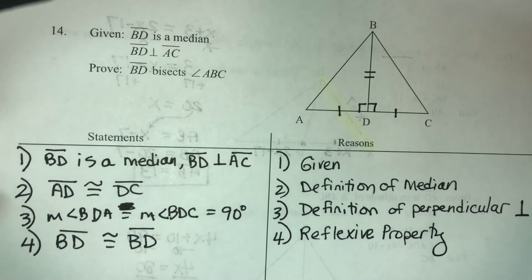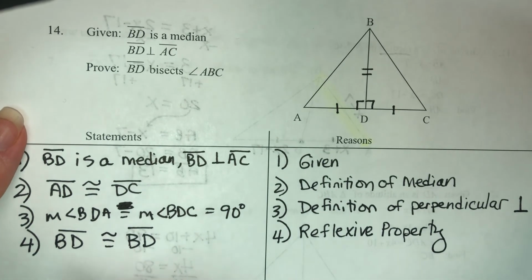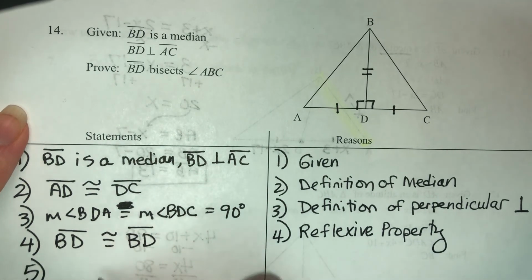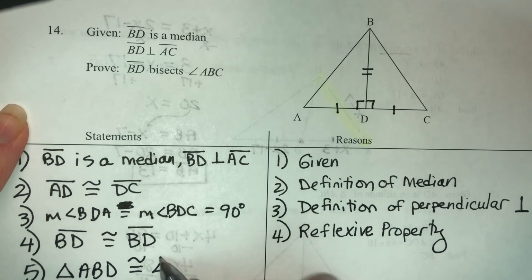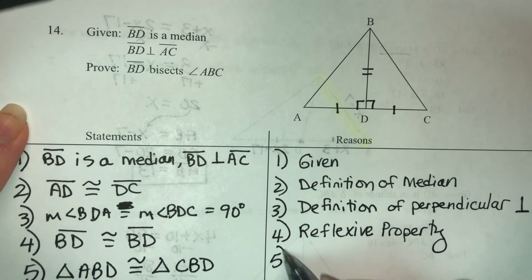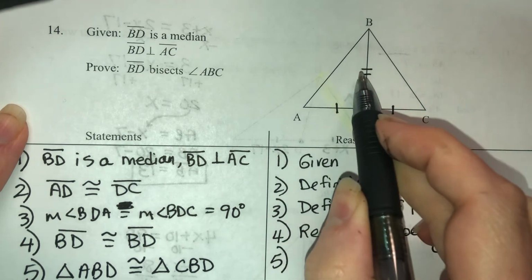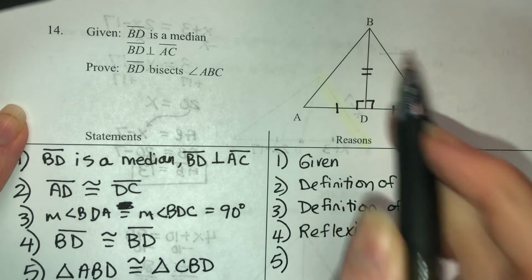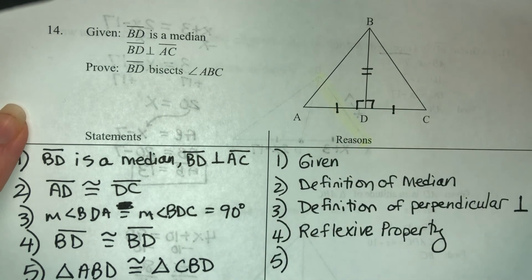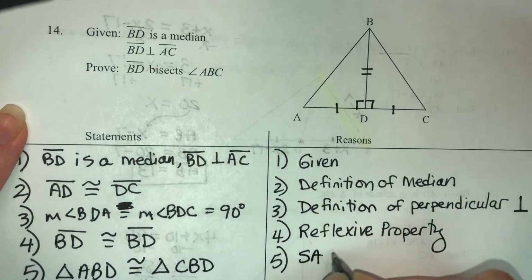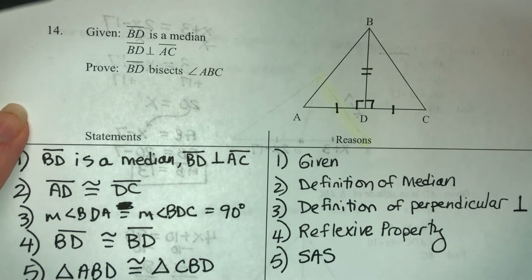And now I believe that we have enough information to say these triangles are congruent. Triangle ABD is congruent to triangle CBD because of side, angle, side. We have a triangle congruence shortcut called side, angle, side, and that's what makes these two triangles congruent.